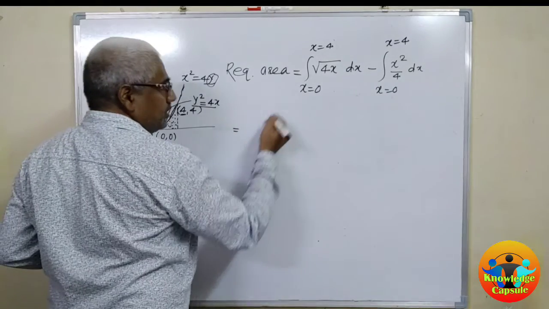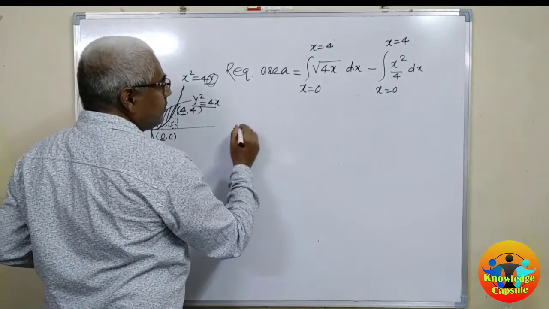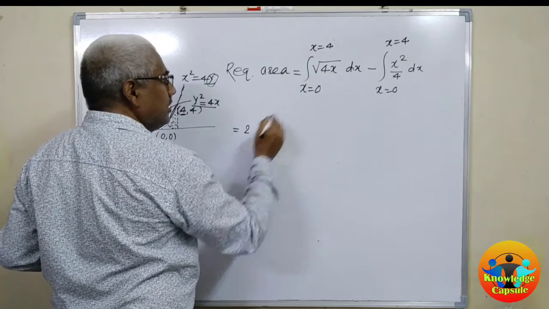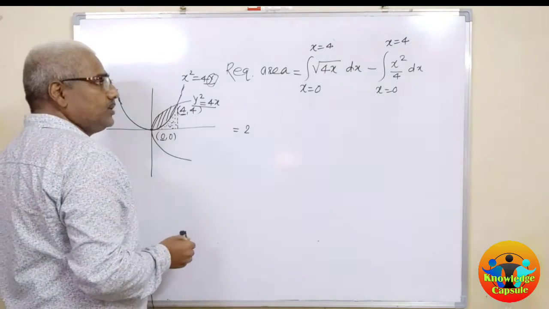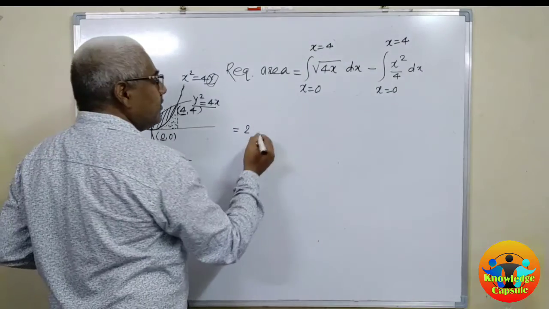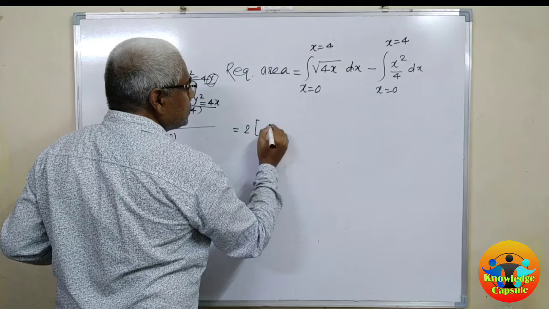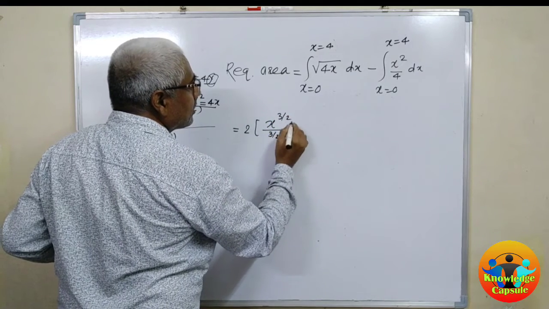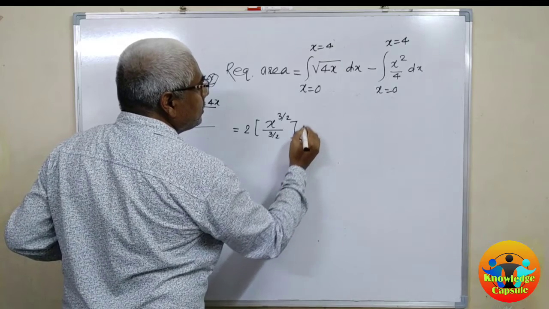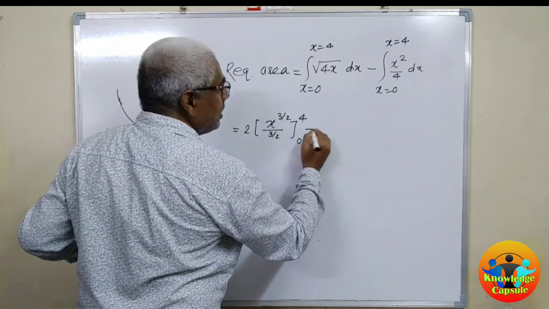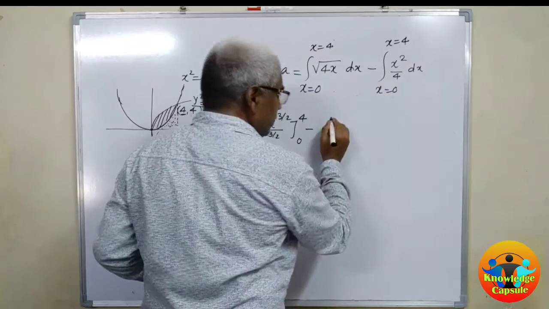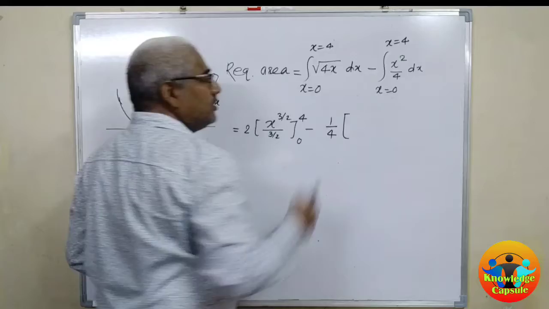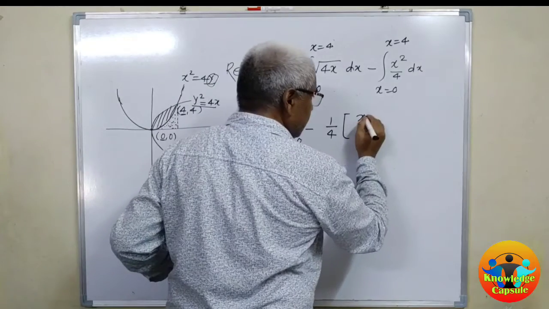Now under root of 4 is 2, take it outside as it is constant. We get inside the root x raised to half, integration is x raised to n formula, x raised to 3 by 2 upon 3 by 2. Lower limit is 0 and upper limit is 4 minus, take 1 by 4 constant outside, and integral of x square is x cube by 3.